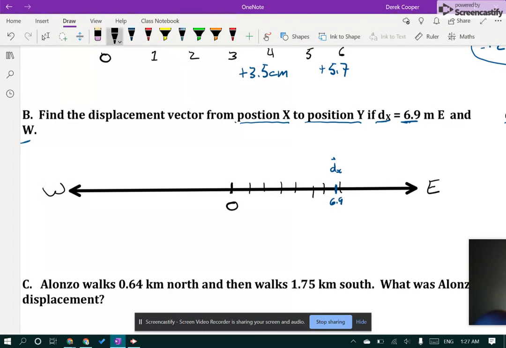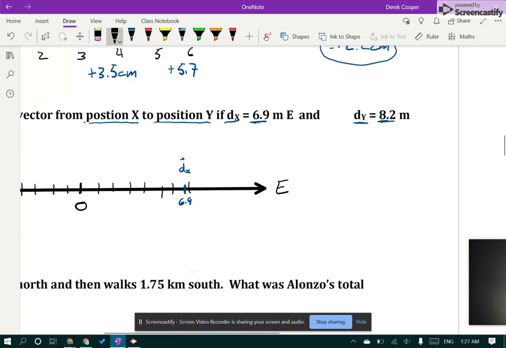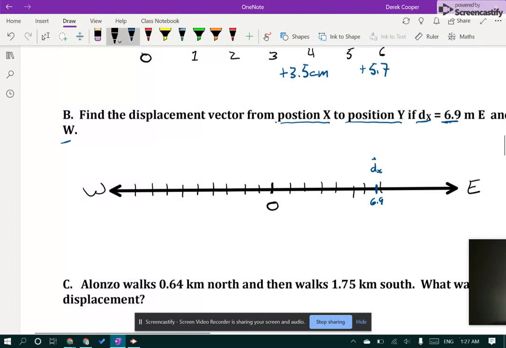So we're going to go west, and because we're going this way on our number line, we're going to assign it a negative number. 1, 2, 3, 4, 5, 6, 7, 8, 9. So we're at 8.2, so somewhere right around here. So this is our position Y, and that one gets a value of negative 8.2 centimeters.